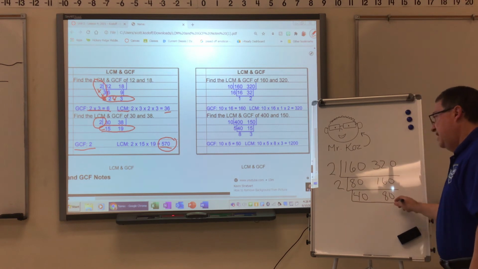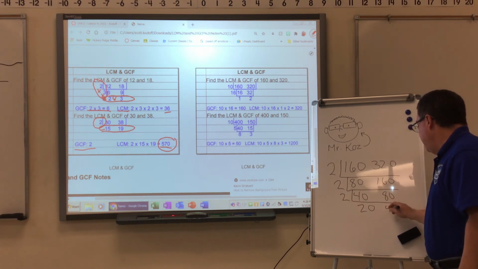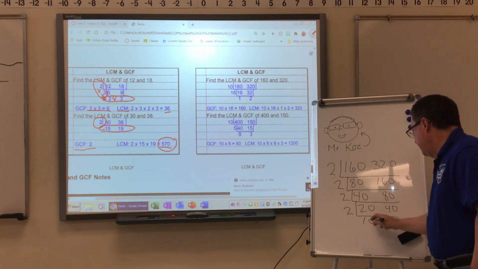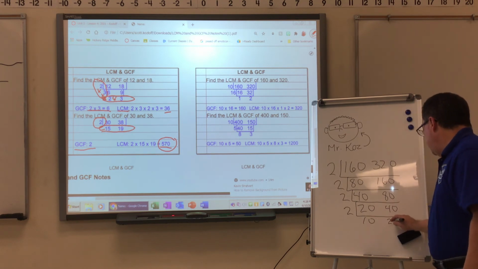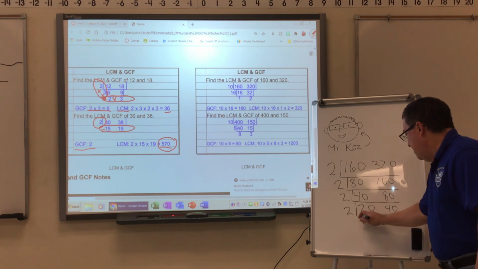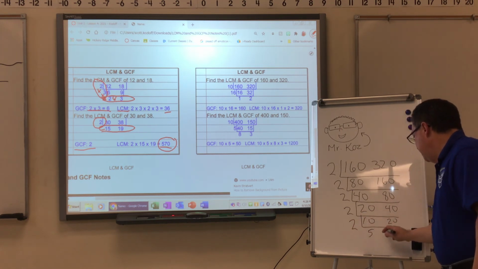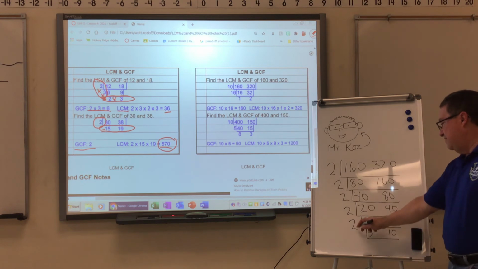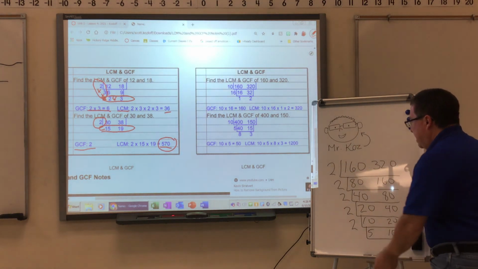And then I would make another layer, and there's another 2, and they are still even numbers. And 20. And another layer. And last but not least, after I'm done with all my 2's, I would have a 5 and a 10.